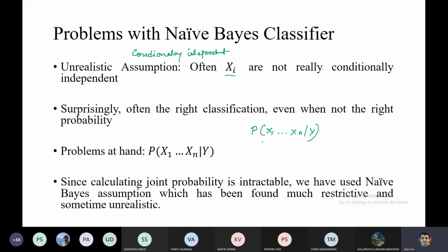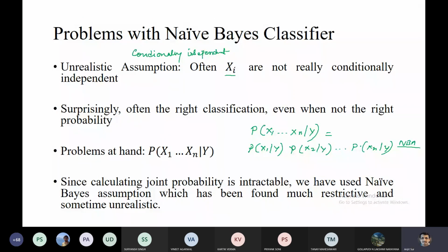If it is conditional and naive Bayes, we can say this is p of x1 given y, times p of x2 given y, dot dot dot, times p of xn given y. This is the naive Bayes assumption. But this is a bit unrealistic or impractical.